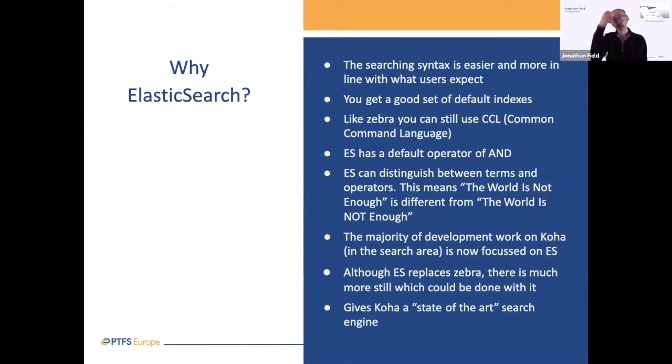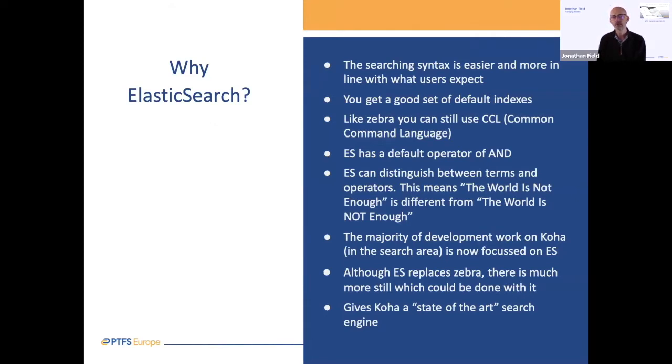So I guess, why Elasticsearch? Well, the main thing is the searching syntax is probably more intuitive and in line with what people are used to in this day and age. The searching techniques you use in Google, you use in Bing and other search engines, it's more in line with that.